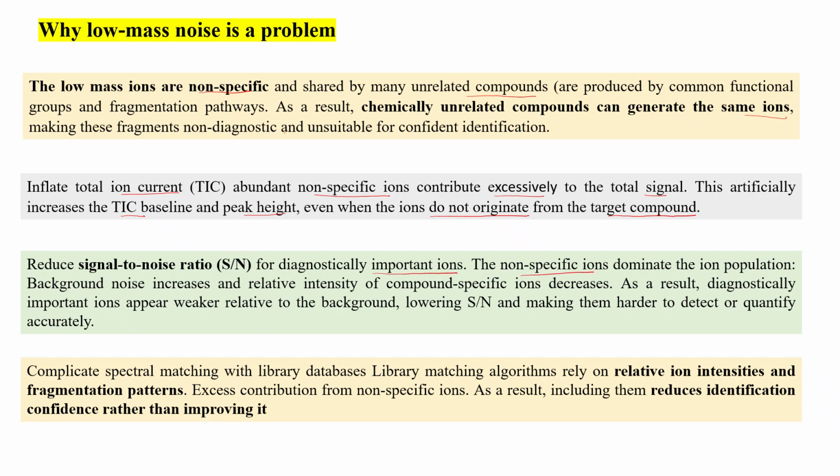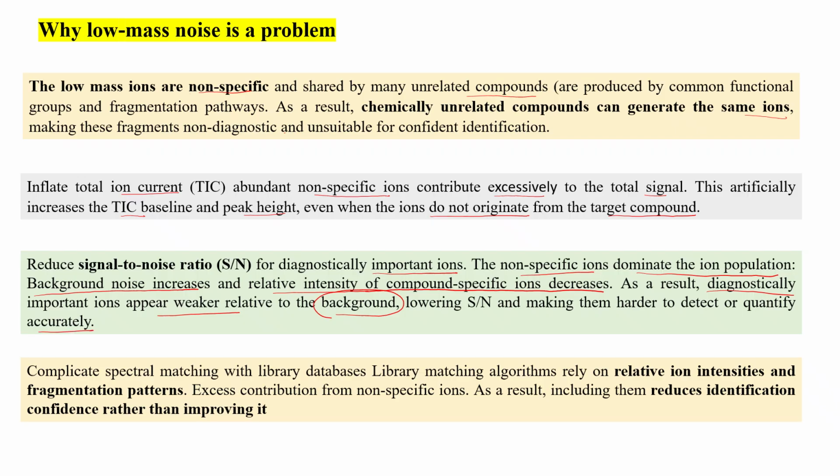The non-specific ions dominate the ion population, which increases background noise, and the relative intensity of compound specific ions decreases. As a result, diagnostically important ions appear weaker relative to the background, lowering the signal to noise ratio and making them harder to detect or quantify accurately.